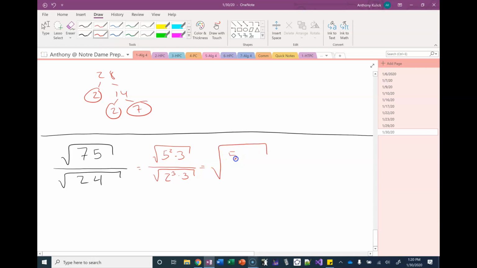Combine them using the quotient property. And then what do you notice about this fraction? The 3's cancel out. Exactly right. Very good. Okay.